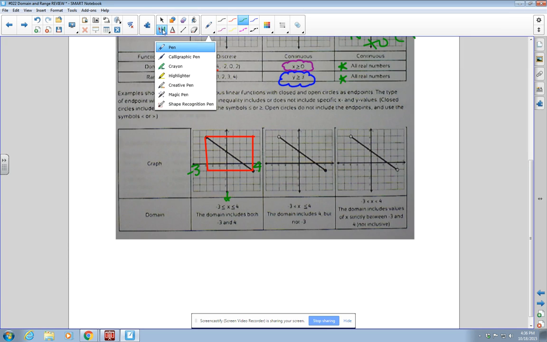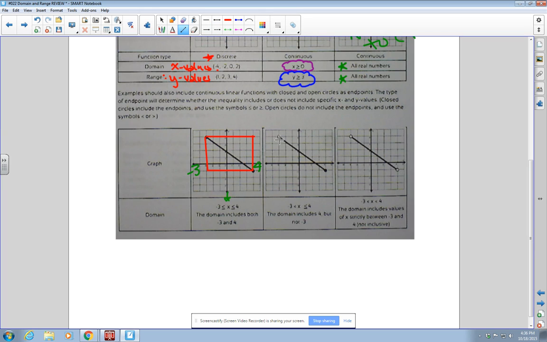Now pay attention to when we have open circles. We still continue to crop the picture, and when we crop the picture, we're still looking at the x ruler or the x number line for domain. And yes, it does start at -3 and runs all the way to 4.